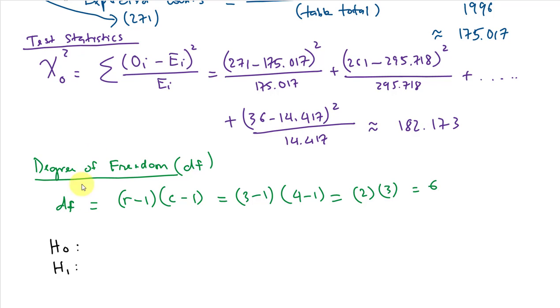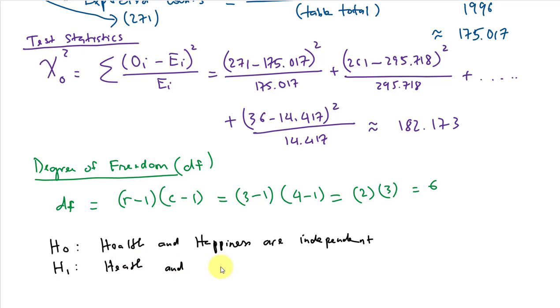So the null hypothesis says that health and happiness are independent. We assume this to be true. Health and happiness are the two variables in the problem. For the alternative hypothesis, we say that they are not independent.